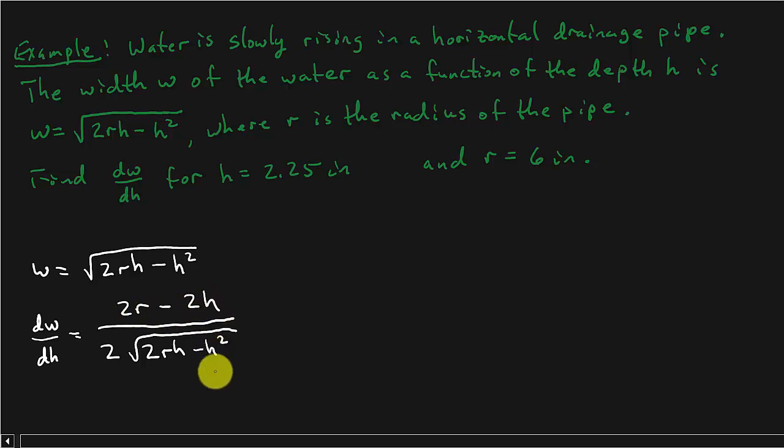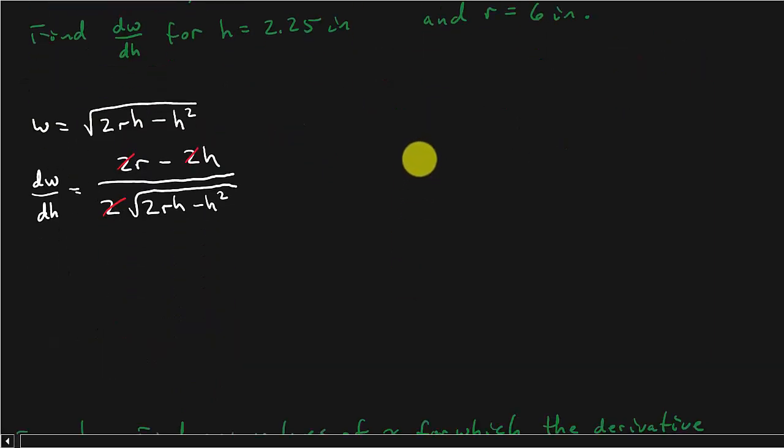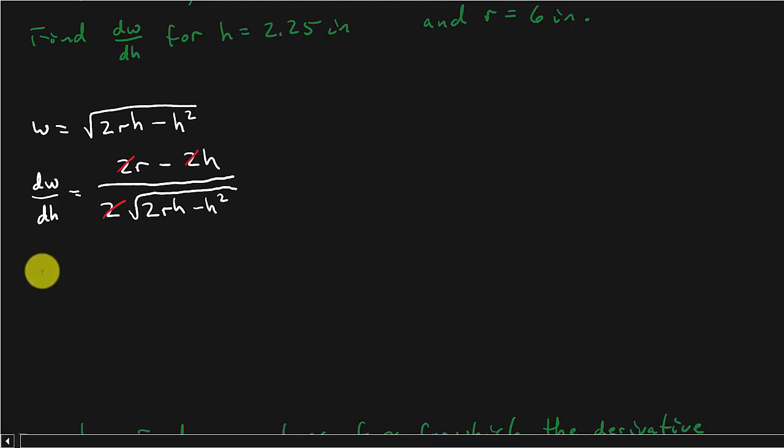The derivative of H squared is 2H. All right, and then look at this. We can cancel out all those 2s, and so we get dW/dH equals R minus H over the square root of 2RH minus H squared.